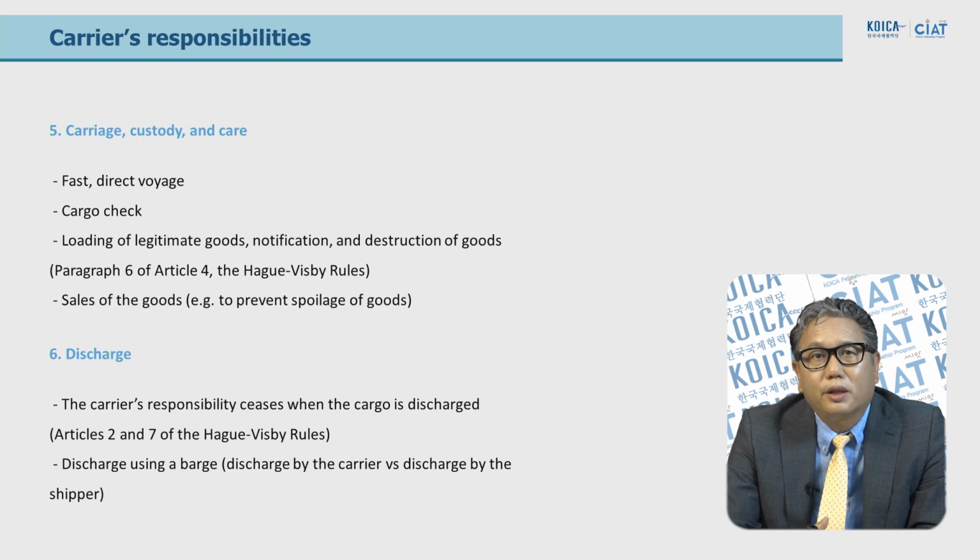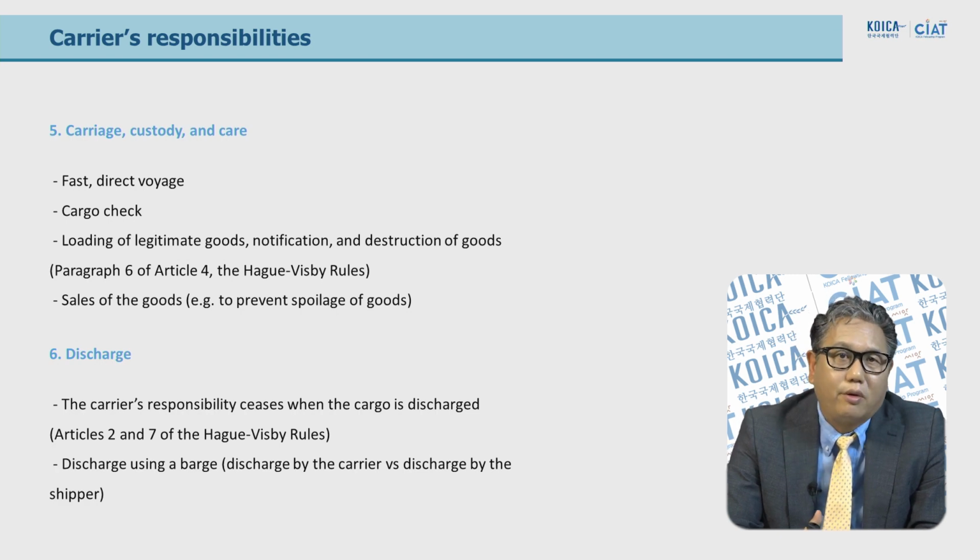The carrier is also responsible for notifying of such acts and can consider destroying or selling the goods, for example, to prevent spoilage of the cargo, as per paragraph 6 of Article 4 of the Hague-Visby Rules.